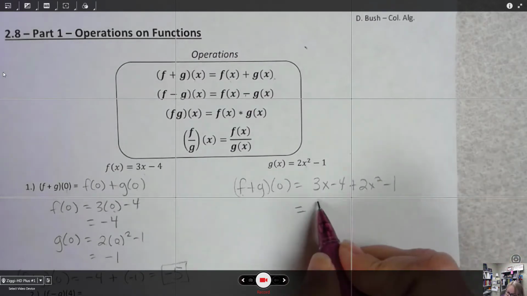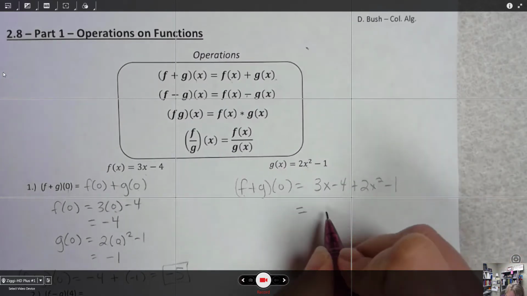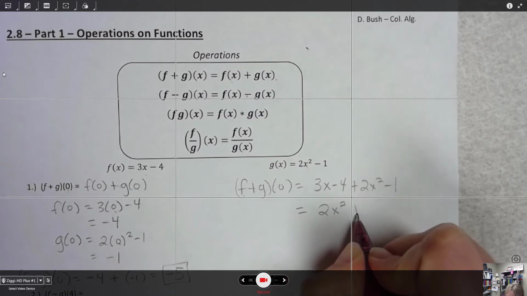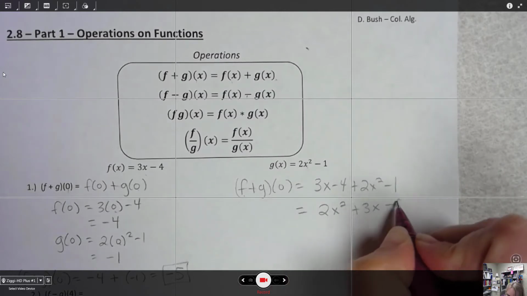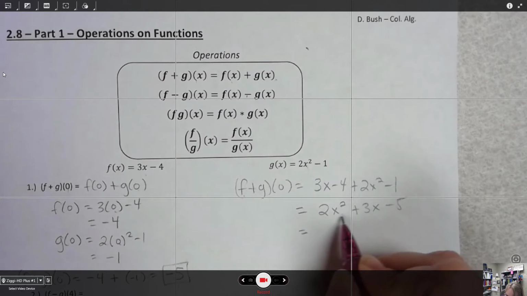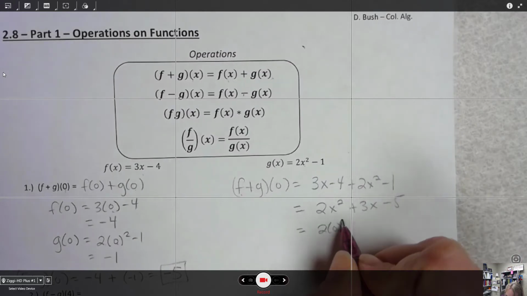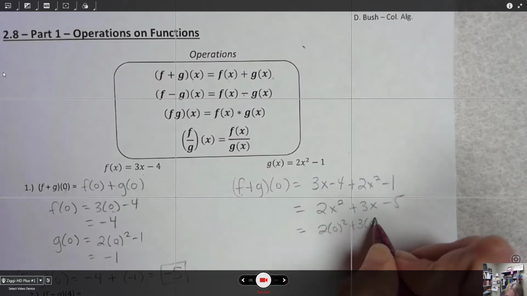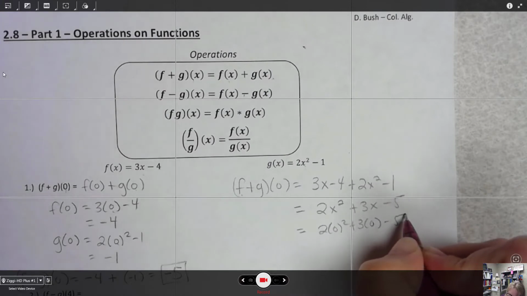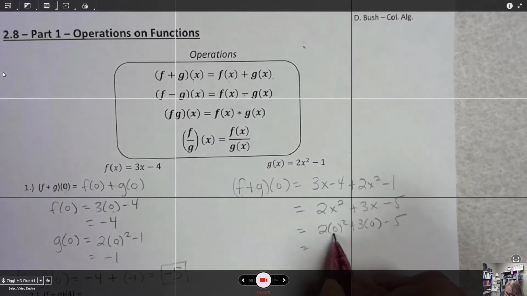Then I simply combine like terms: 2x squared plus 3x minus 5. Then everywhere there's an x, I'll put a 0 and simplify. 2 times 0 squared is 0, plus another 0, minus 5 gives me negative 5.